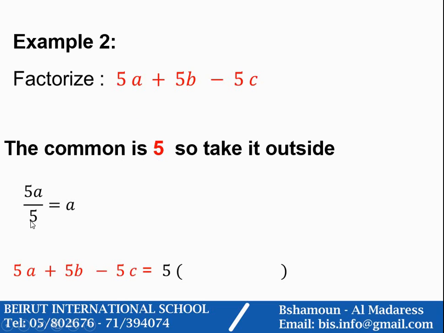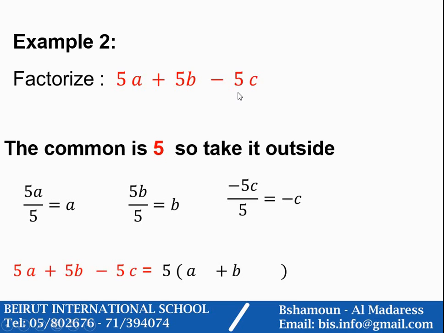So 5a divided by 5, if you simplify 5 by 5, you get a. So you write here a. Second term, plus 5b. So 5b divided by 5 will be b. So you write here plus b. Third term, negative 5c. Please take care about this negative. So the term is not 5c, the term is negative 5c.